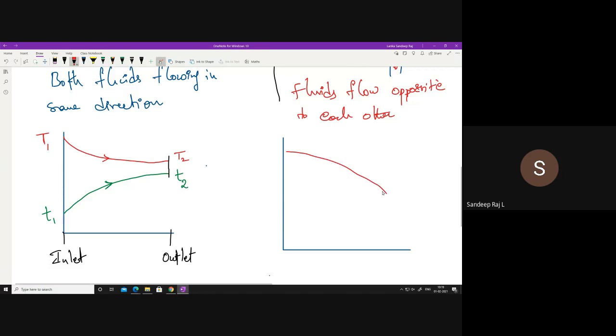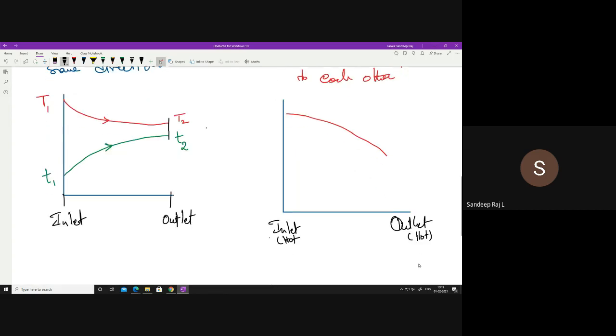This will be your inlet for the hot one, and this will be the outlet for the hot one itself. Next, tell me what happens to the temperature of the cold one.